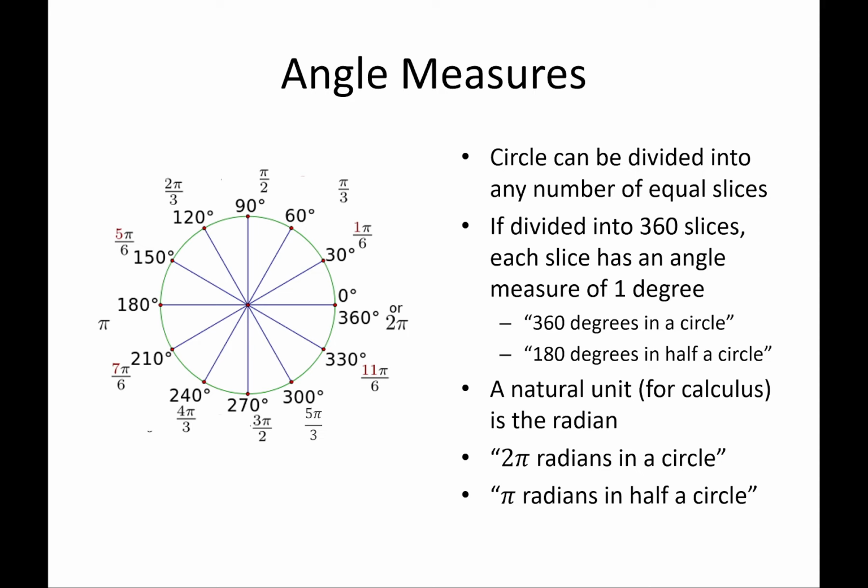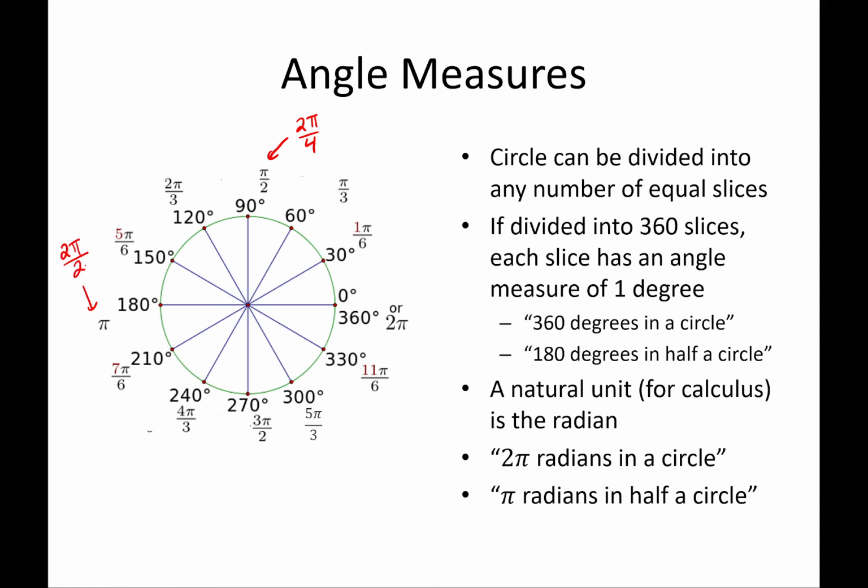Then, a quarter of a circle, instead of being 90 degrees, is going to be 2 pi divided by 4. So 2 pi is the full circle, divided into quarters, so 2 pi divided by 4. If we simplify that, we get pi over 2. Half of the circle, so we take the 2 pi for the whole thing and divide it by 2.